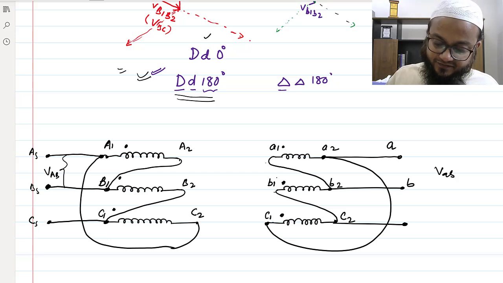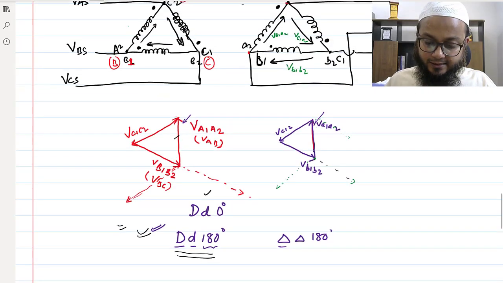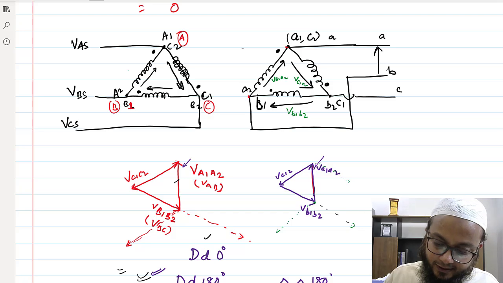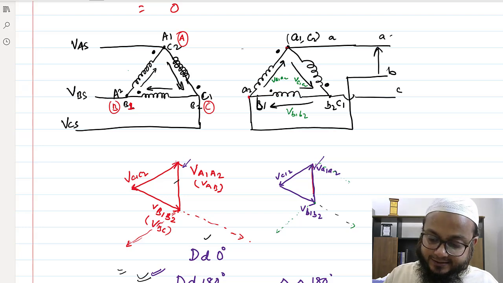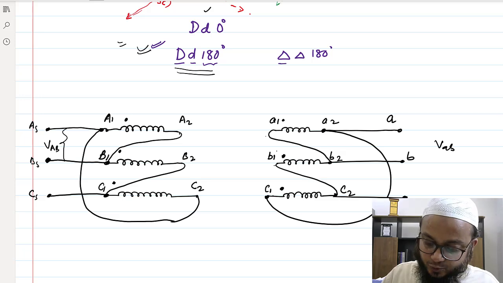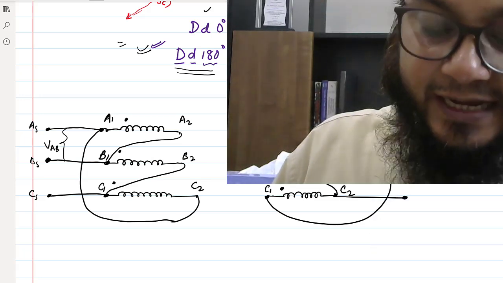Okay, so this time VAB would be the potential difference between A2 and A1. Earlier, if you see, the line voltage between A and B, this voltage here was A1 and A2, right? Terminal A is at A1, but this time terminal A is at A2. Okay, and B is connected with B2 as well as A1.